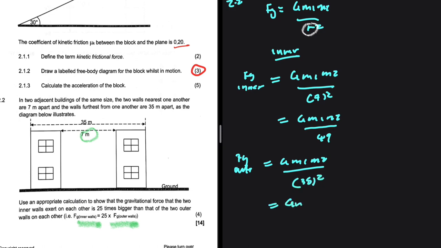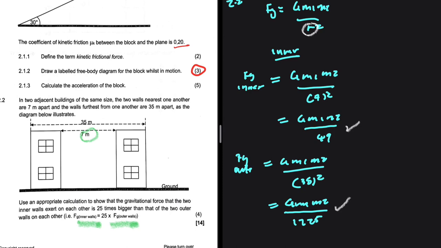So G m1 m2 divided by, what is 35 squared? That is 1225. So here we have Fg for the inner walls, and here we have Fg for the outer walls.